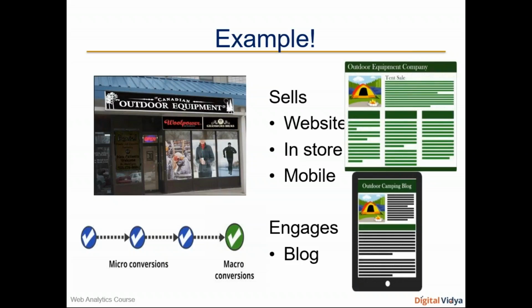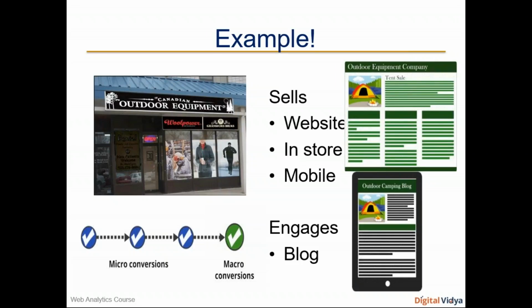For YouTube, maybe the central goal would be to make people view more videos. So it is very easy and intuitive for us to understand these types of goals. In the language of Google Analytics, these are called macro conversions. These macro conversions are nothing but central conversions for these businesses.